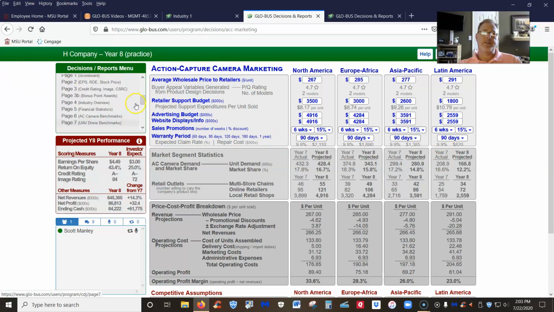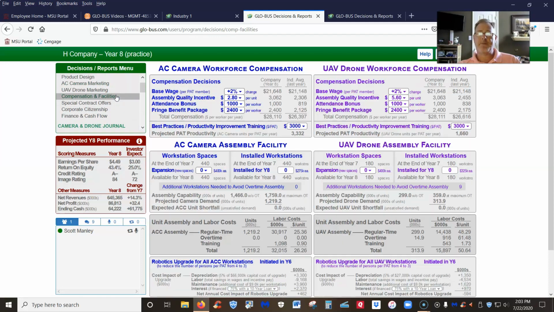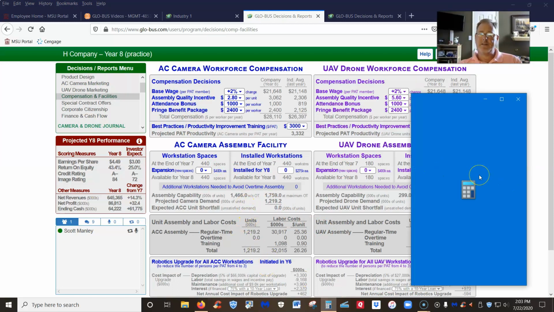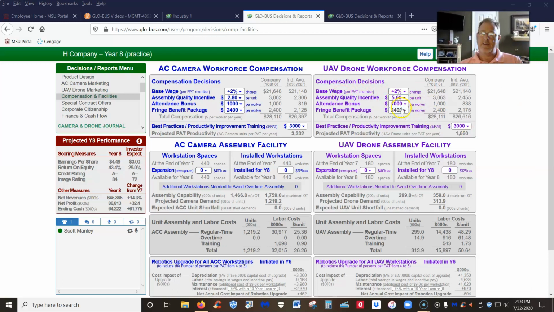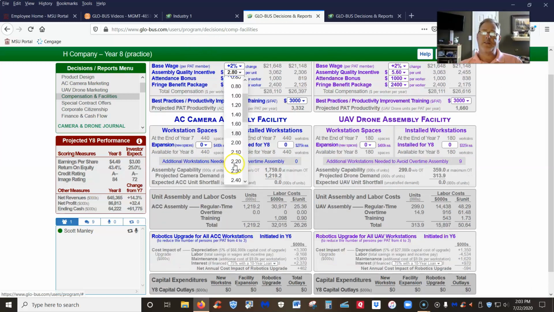But again, I'm just trying to use my factory. I'm trying to optimize the use of my capital resource, okay? Now I'm at 1219.2 divided by 1466. Okay, so it looks like I'm at 83%. One thing I'd like to tell you is if I increase my warranty, I probably should also increase my warranty incentive for my people to make a better quality product.